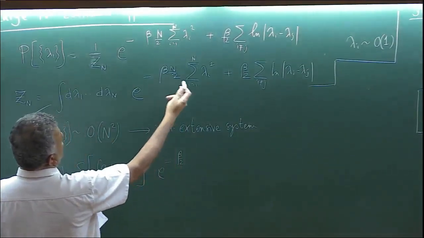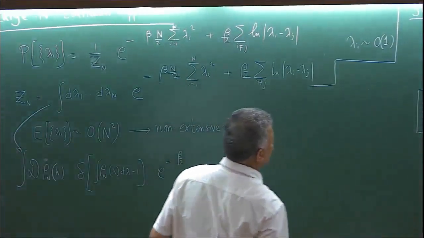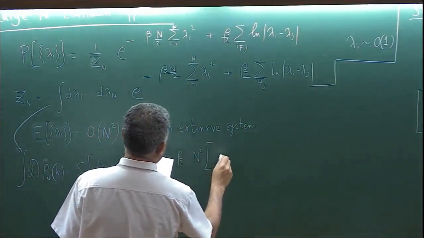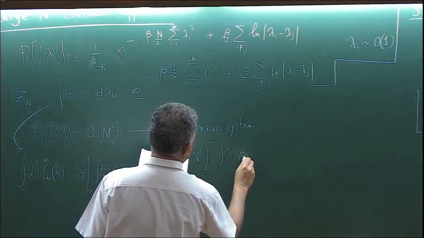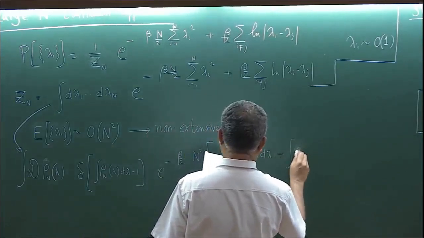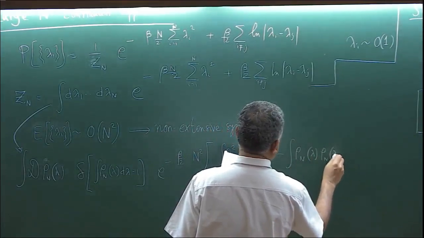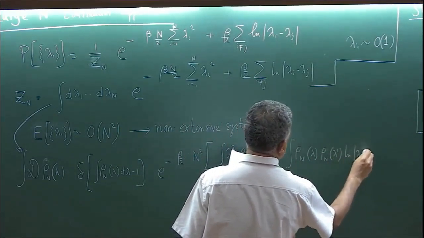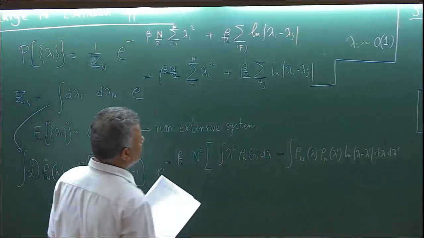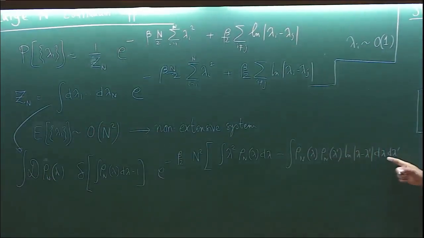So now, look at this term here. This sum over lambda i squared, I can use this formula here to replace. And this double sum, I've just replaced, again using the same formula, by a double integral.